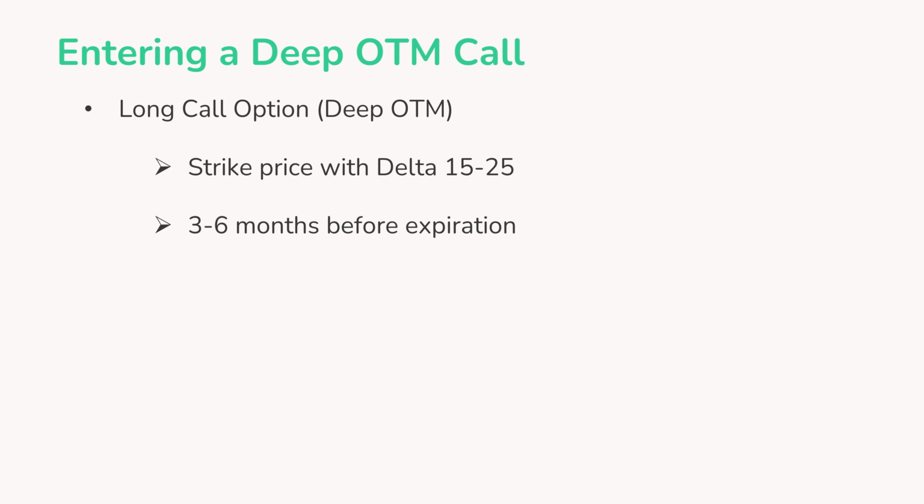There was a comment in my previous video on diagonal spreads on why did I not choose a much further out 1-year LEAP option. The reason is very simple. If I were to enter a call option that is 3 months out versus a call option that is 1 year out, with both of them having the same delta, the time decay or theta difference between them is almost negligible.